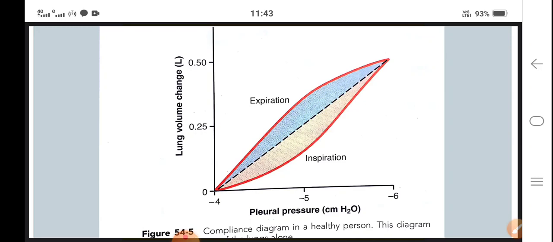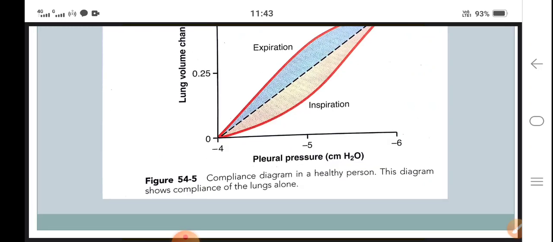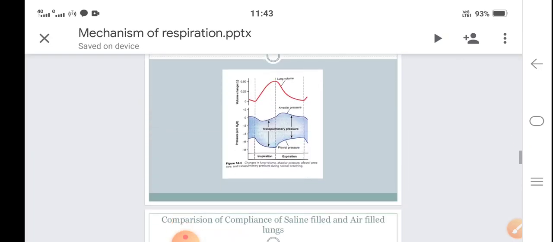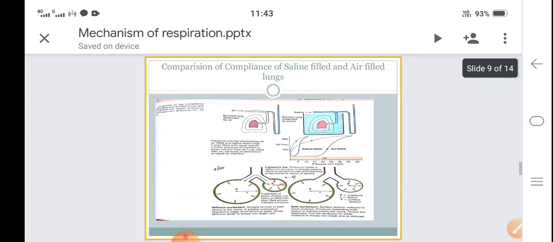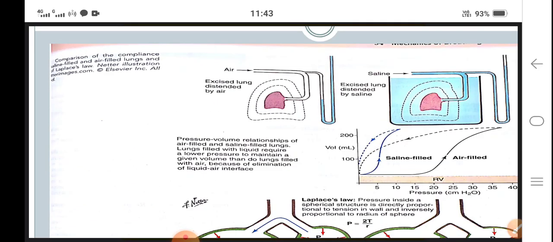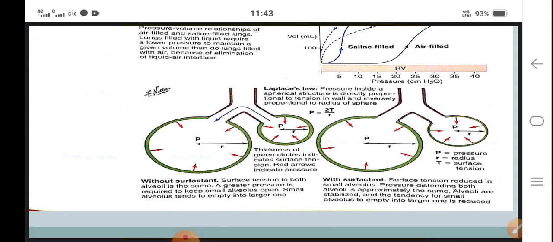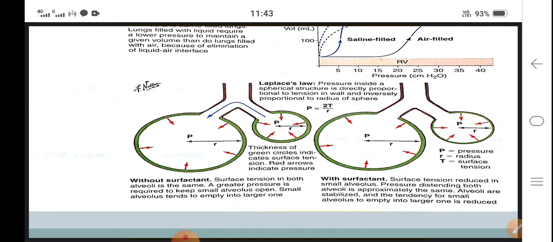In the lung filled with saline solution, there is no air-fluid interface, and therefore the surface tension effect is not present.